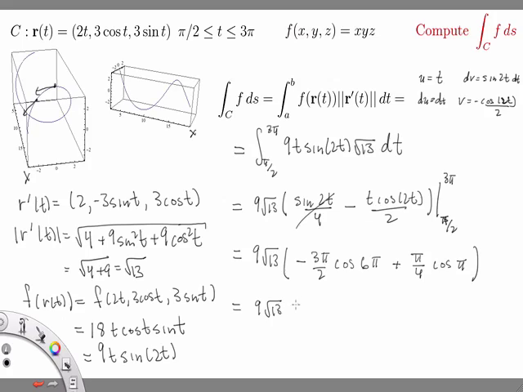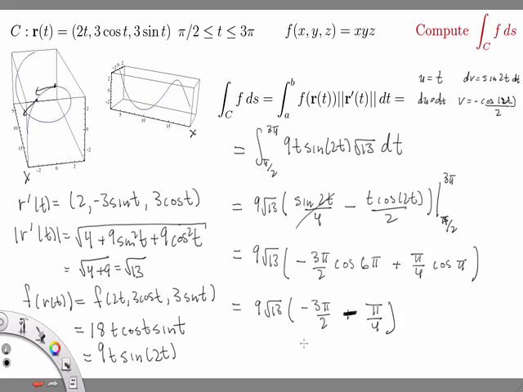So 9 root 13, and cosine of 6 pi is equal to cosine of 0, which is equal to 1. So I get minus 3 pi over 2. And then cosine of pi is actually equal to negative 1, so I actually get minus pi over 4.